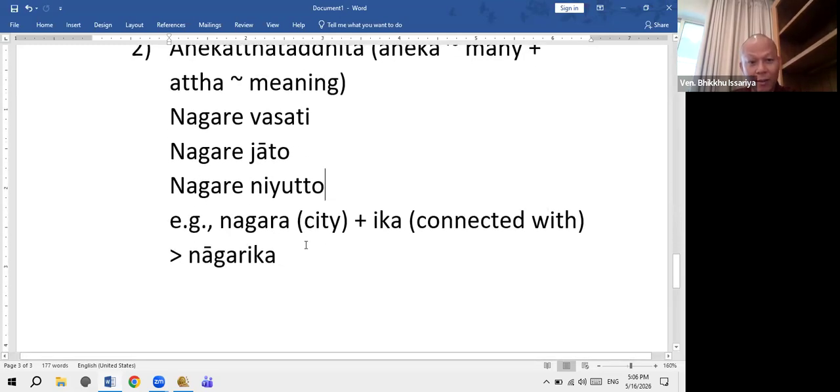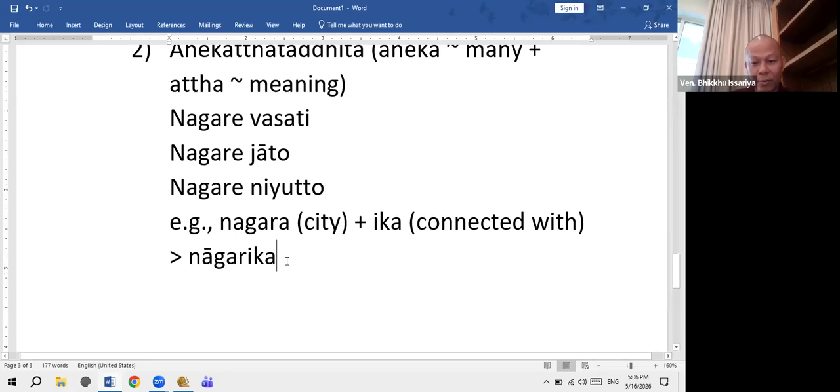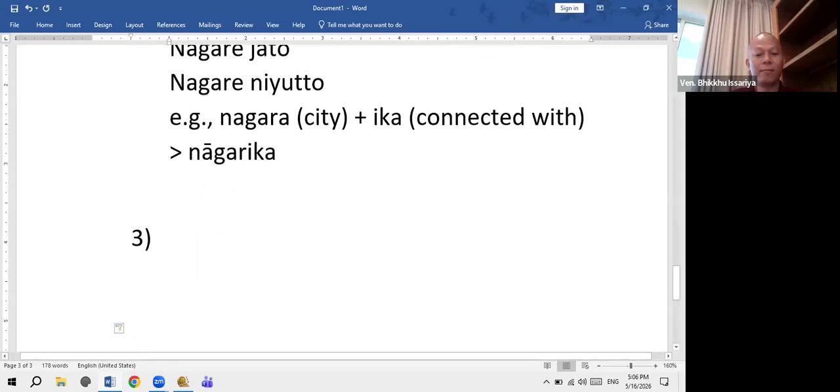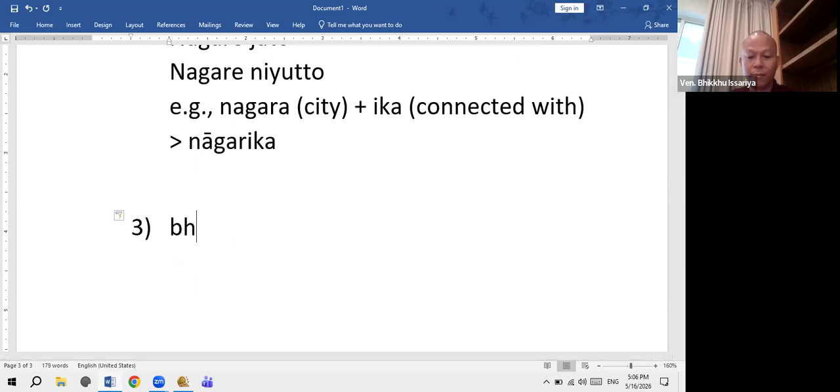Okay, now the next type, let's go. That type is Bhavadatita.